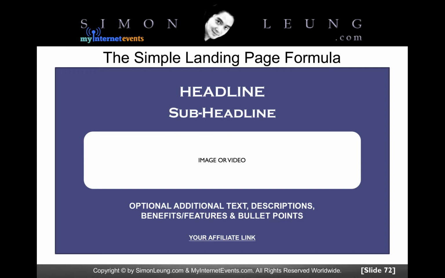And once you are able to convince them, what you want at the very bottom as the last thing that you offer them is a live link to your affiliate page. You want a link where you can actually put in text: click here to buy this product, click here to visit this site, click here to shop online.